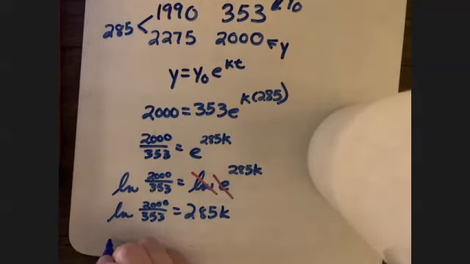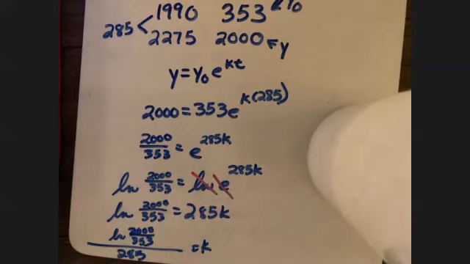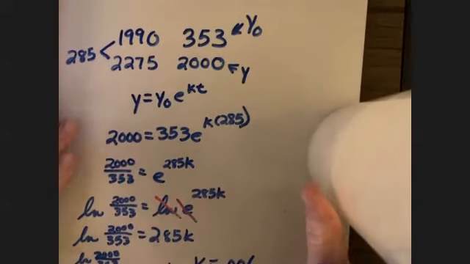So natural log of 2,000 over 353, over 285 equals k. Putting all of that on the calculator, I get that k is 0.006.